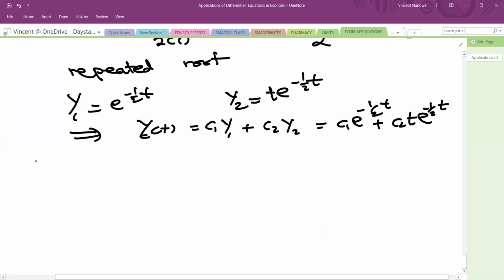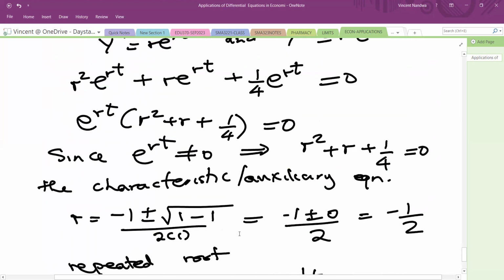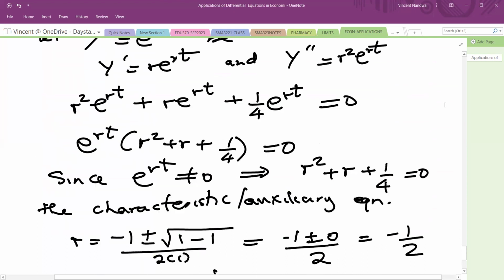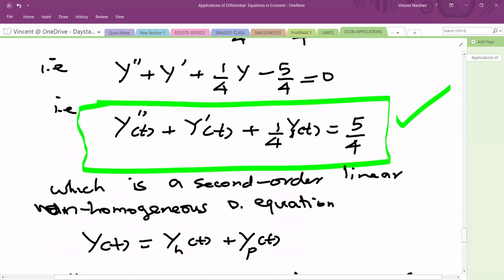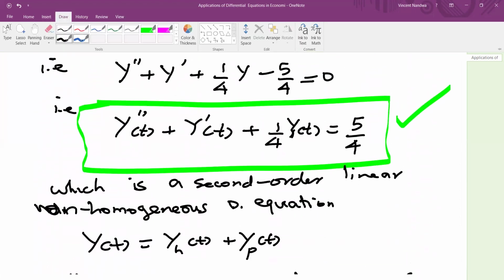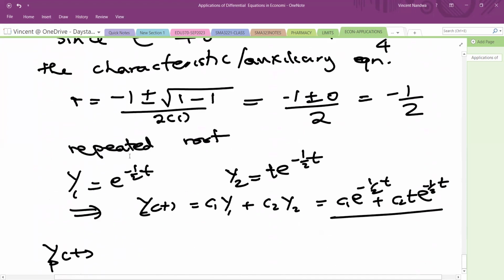So next is to get the particular solution. The particular solution is determined by the nature of the right-hand side. In this case, we have a constant. So when f of t is a constant, we assume the particular solution also to be a constant.